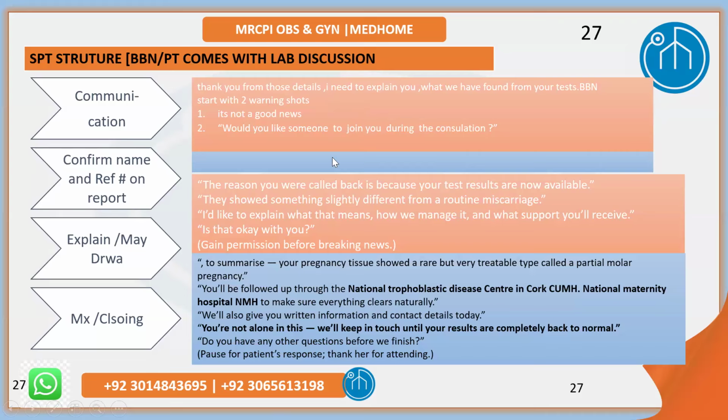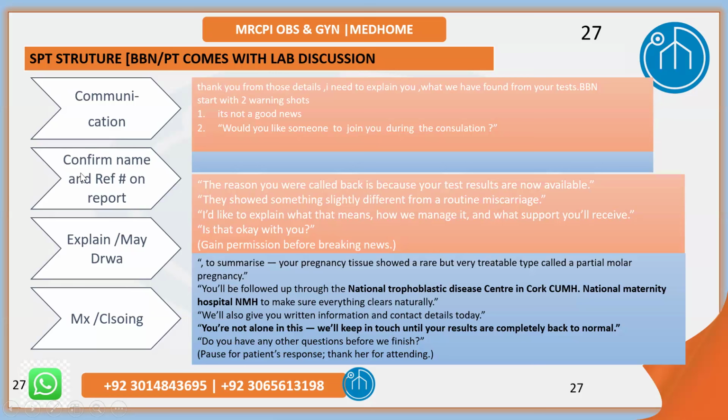It's not that you are also sad and crying and moaning over that report, but you respect her emotions. You give the pause and look confident. Give this BBN with a confident look.